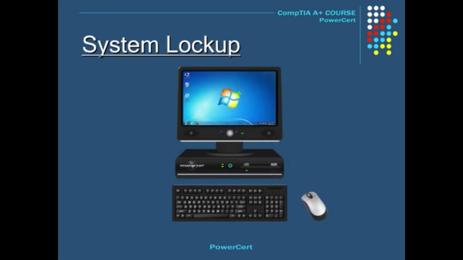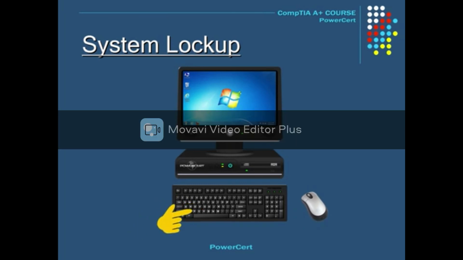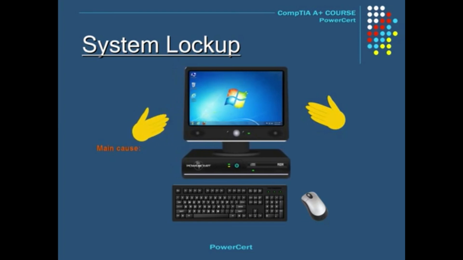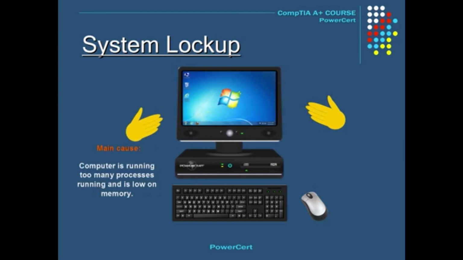Sometimes when you're using the computer, it may totally freeze on you. The computer remains on, but you can't move the mouse cursor, and the keyboard is rendered useless. This is known as system lockup. System lockups can happen for several different reasons. The main reason is that the computer has too many processes running and is running low on memory.